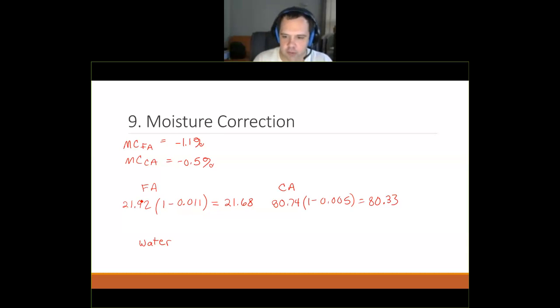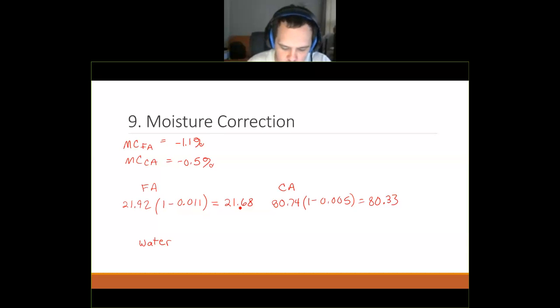This value represents that aggregate being at perfect 100% SSD. Okay, so all the pores are saturated, but the surface is dry. That's what this value represents. But because I'm not at that state, the surface is dry, some of the pores are dry, I'm actually going to put in a smaller weight of aggregate in order to get that same volume of aggregate. So that way my mix stays consistent from a volume standpoint.